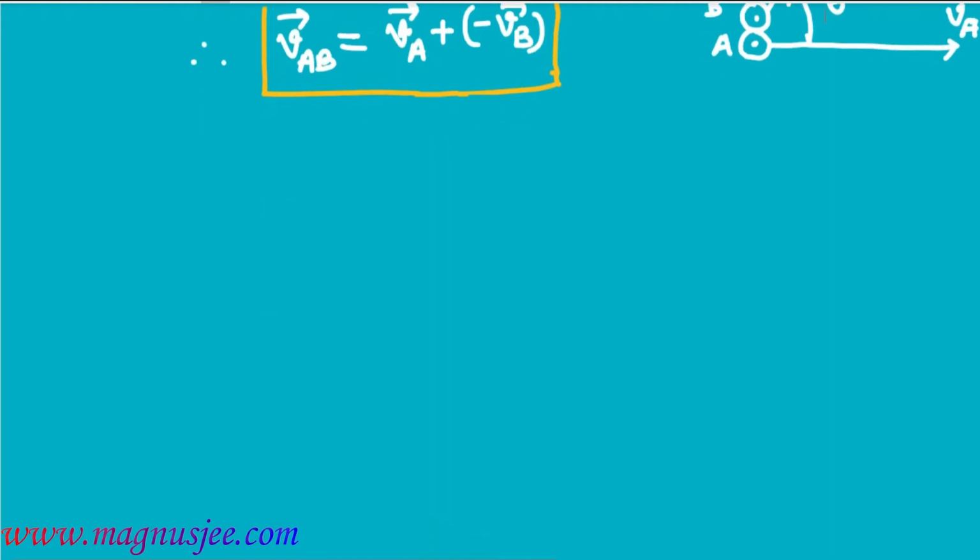According to the equation, we have to add vector VA with minus vector VB. That's why vector VB should be reversed.